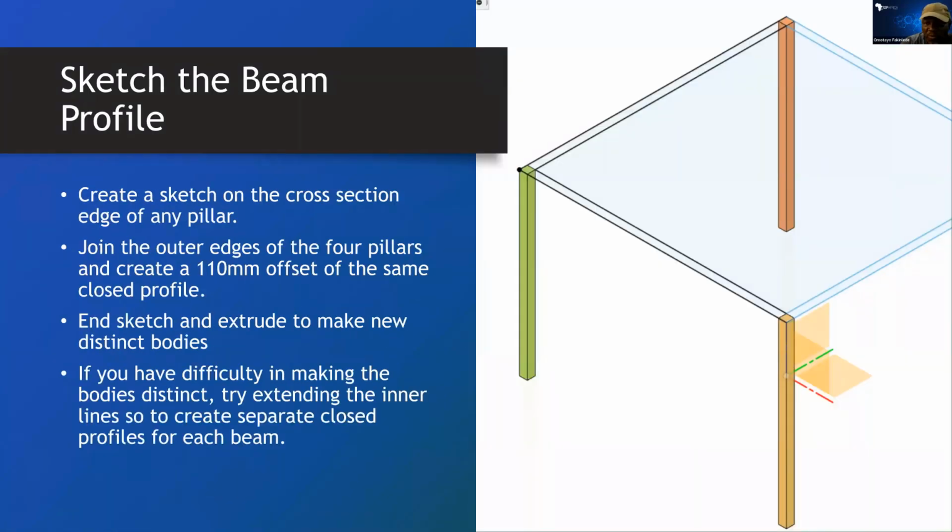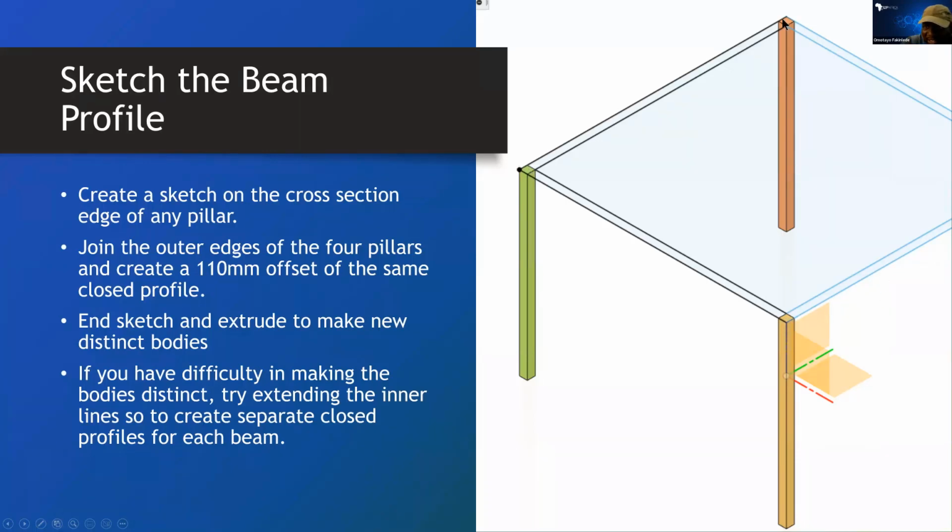So the next thing we want to do at the upper level, we want to create walls and upper pillars. So there will be 4 walls and 4 pillars, 4 more pillars. So this is how you do it. You create a sketch on the cross-section edge of any pillar. For instance, this is a cross-section edge here. This is another cross-section edge.